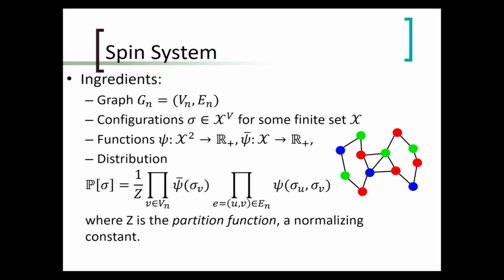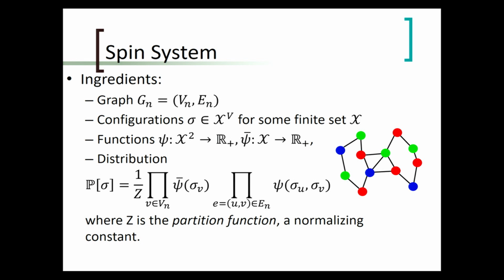I should say that writing the coloring as a probability distribution given by a product of weights puts it in a much bigger category of models of different spin systems, where you have some product of weights over the states of the vertices, and some product of weights over pairs of vertices on edges.